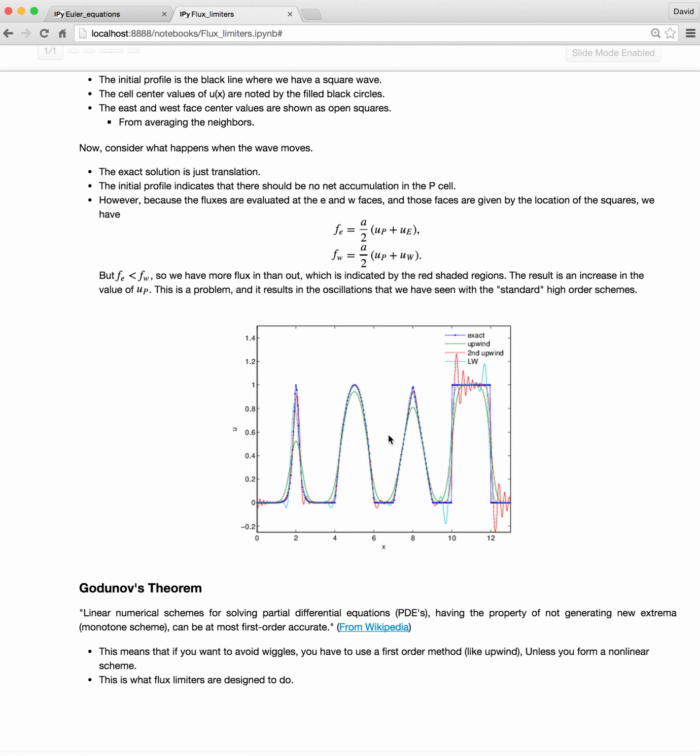So in terms of this picture, the upwind was first order accurate, it didn't have oscillations. But the linear methods like Lax-Wendroff do have these oscillations that happen. What this means is that if you want to avoid the wiggles, you either have to use a first order method or you have to use a nonlinear scheme. And so that's what we're going to look at with the flux limiters, is what those nonlinear schemes look like.